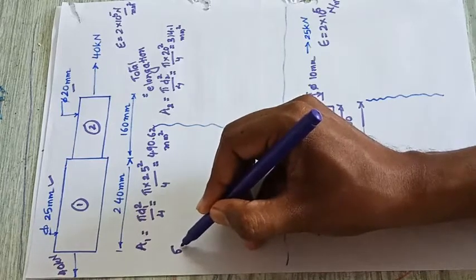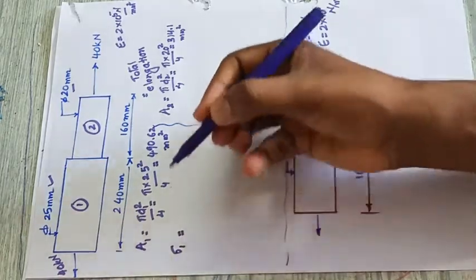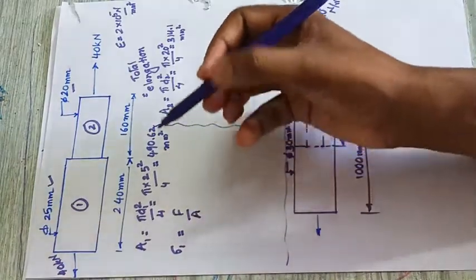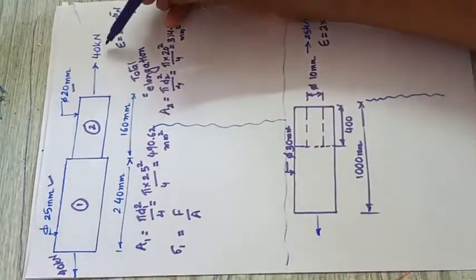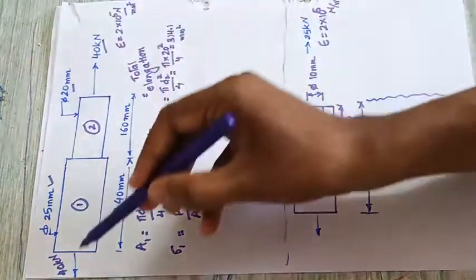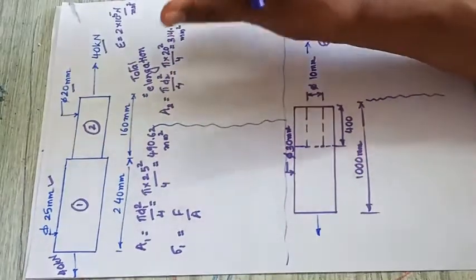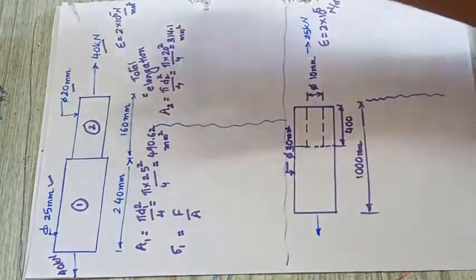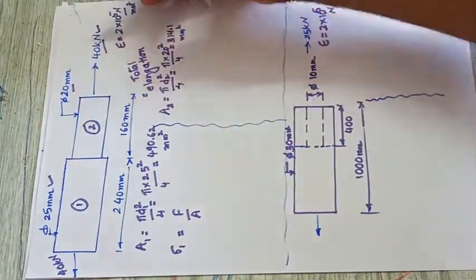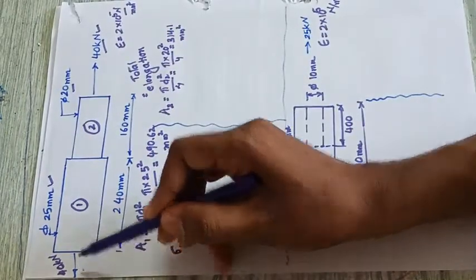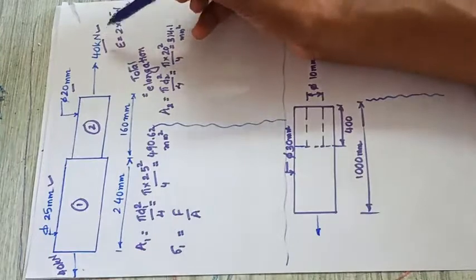Next, we will find the stress. I will take sigma 1 for portion 1. It is force by the area. If you check, here only one single force is acting. Don't think that on this side and this side there are two forces acting, and that we combine them to make it 80 kilonewton, not like that. This is the applied force and this will be the reaction force of the applied force. The both will be the same.